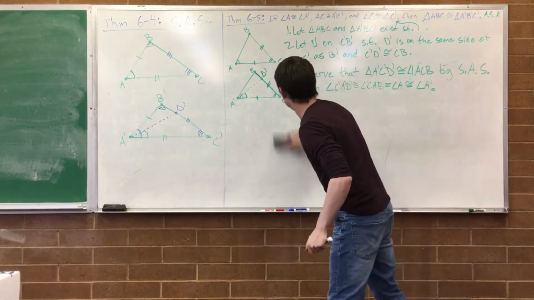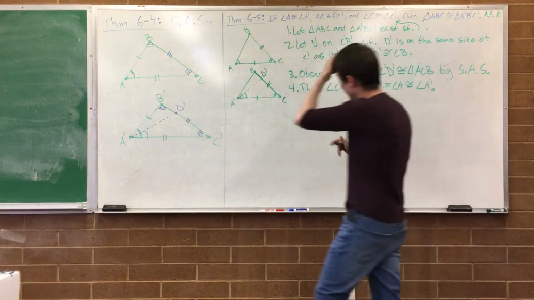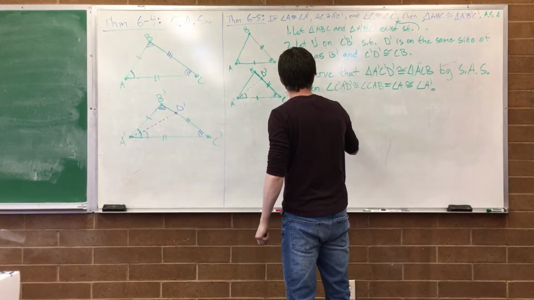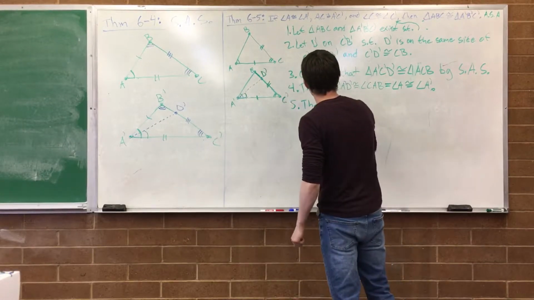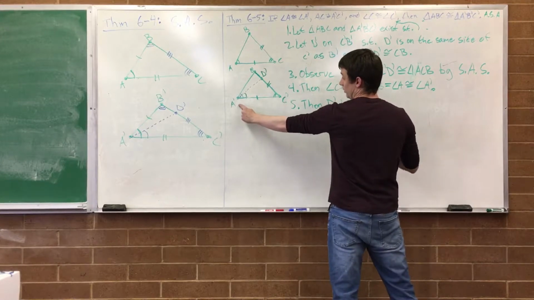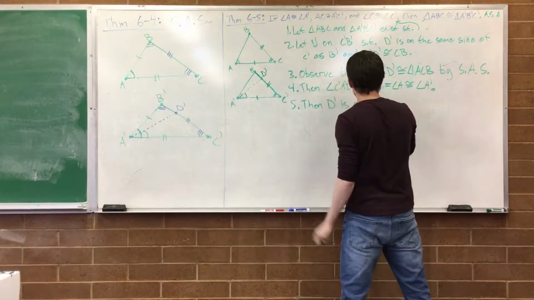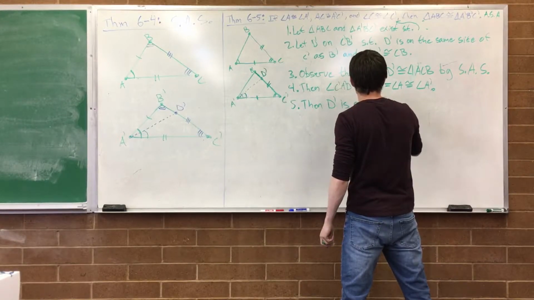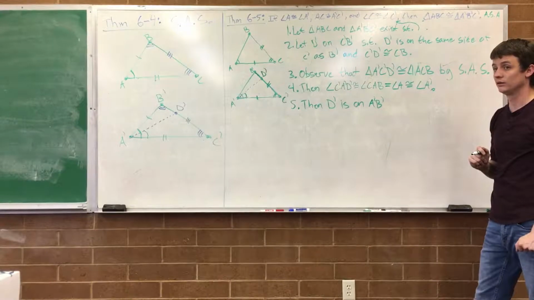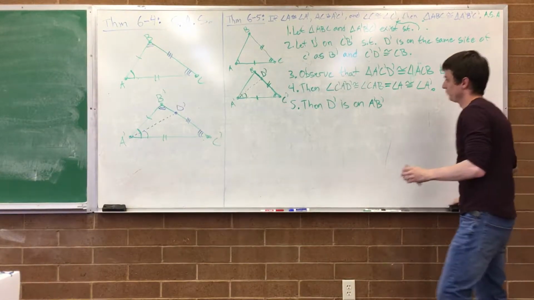Let's erase some of our picture. So 5. Then D prime is on ray A prime B prime, or line A prime B prime. Maybe I'm skipping a step there.